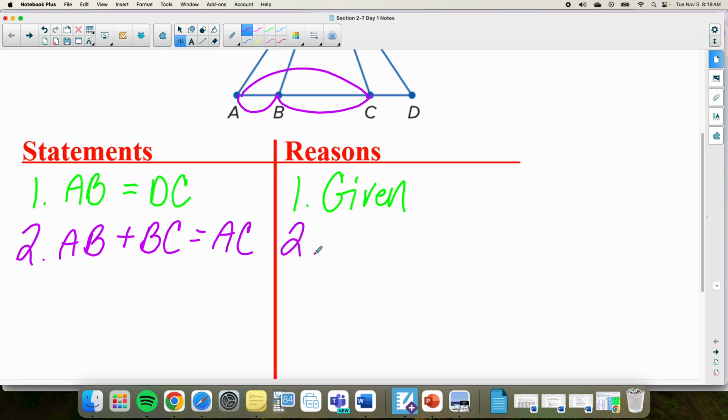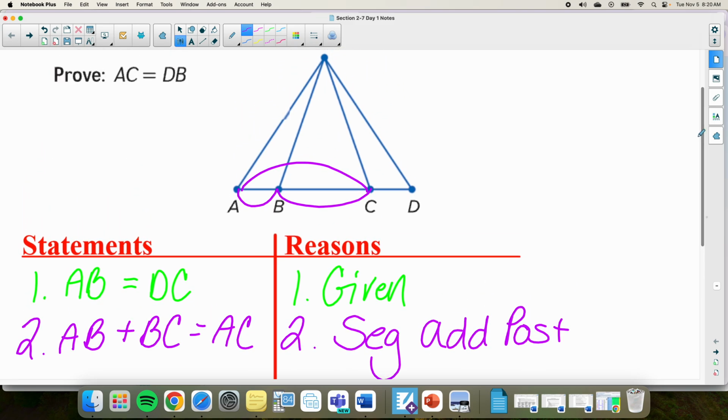And do you guys remember what that's called? When you take a segment and break it into parts? Postulate. Very good. Segment addition postulate.